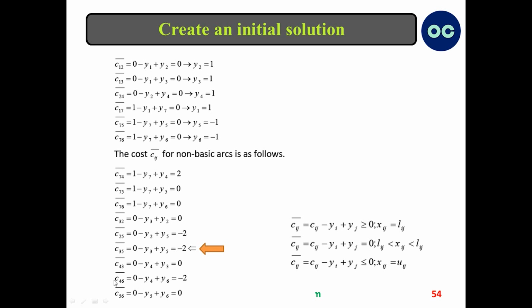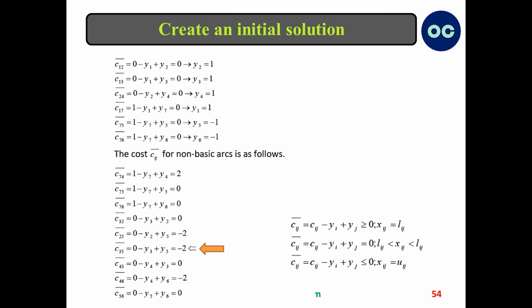So we cannot consider this arc again for entering the base, but we can enter arc 3,5 because it's at the minimum limit and does not meet the optimality condition.